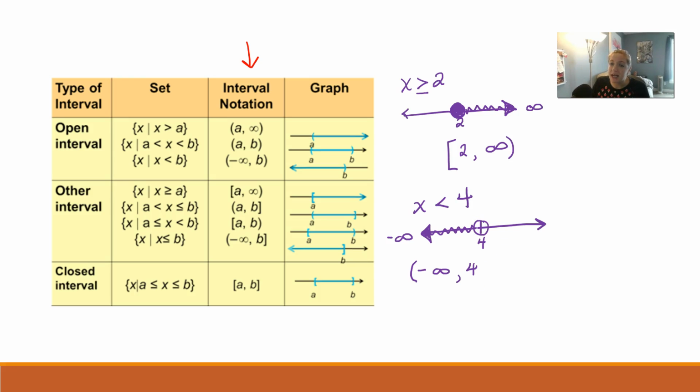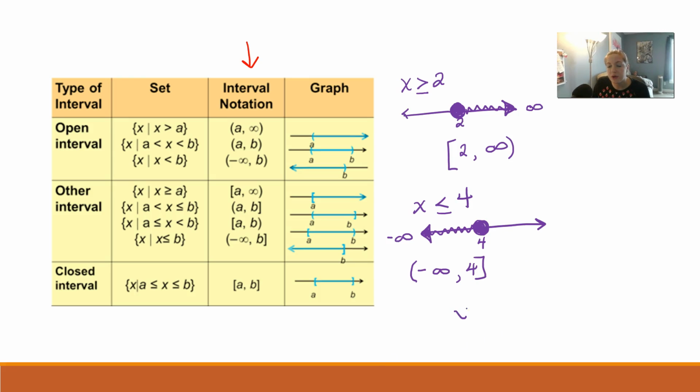Well, since it's not included, there's no equal to, we're going to use parentheses, and there you go. And just like we did above, if this was an equal to, we would just shade that in and change the parenthesis to a bracket. Boom, done.